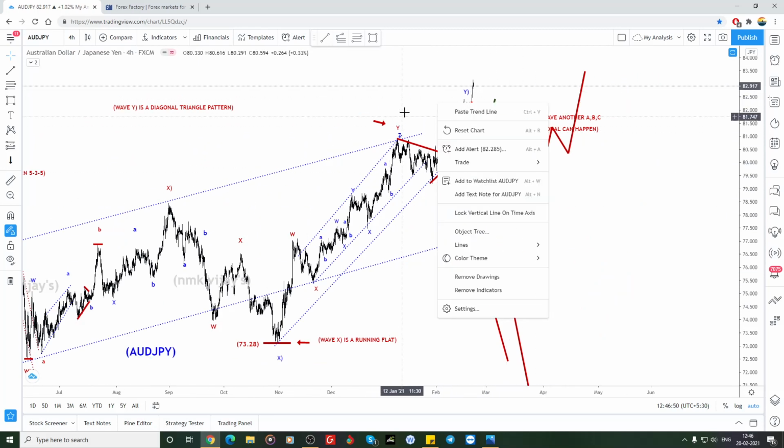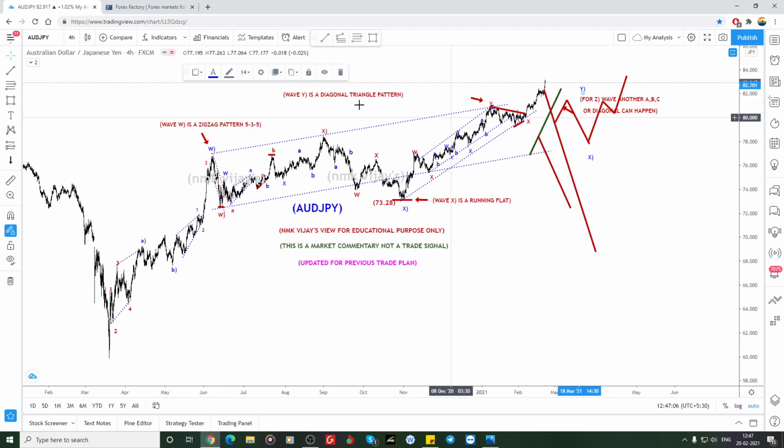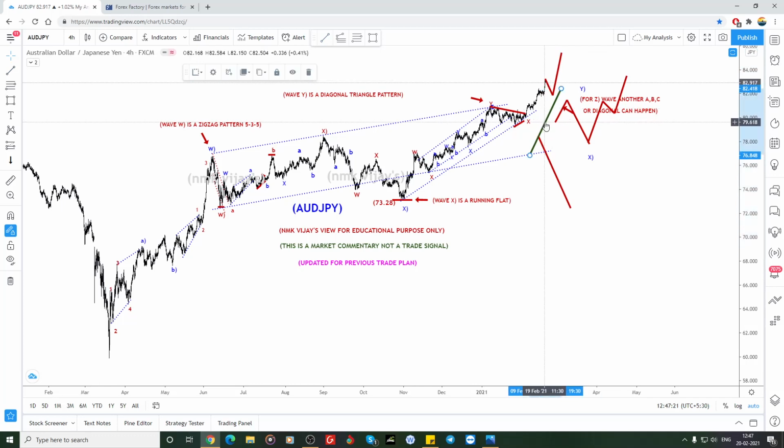See, as I said, it's an X here, Y, X, so A, B, C. So this could be again a B, and then again a C. It can shoot like that. So W, X, Y, X, A, B, and C. Once it comes to that B, again it can shoot for that C wave.